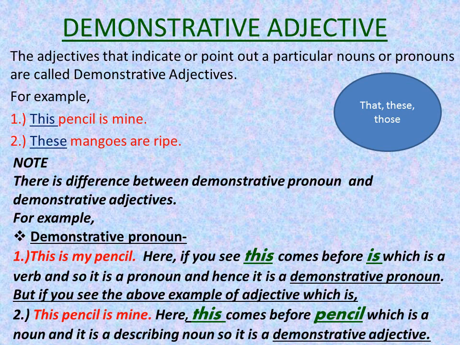Here, this comes before is, which is a verb, and so it is a pronoun, and hence it is a demonstrative pronoun. But in the above example of adjective, this pencil is mine, here this comes before pencil, which is a noun, and it is describing the noun, so it is a demonstrative adjective.